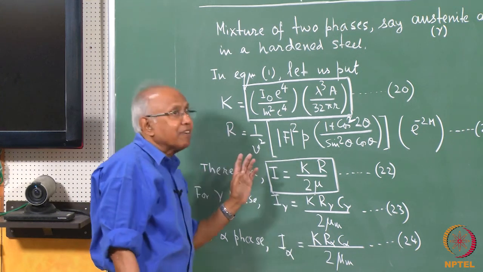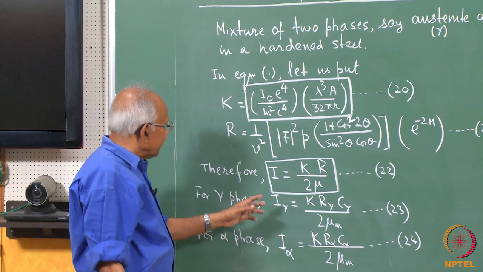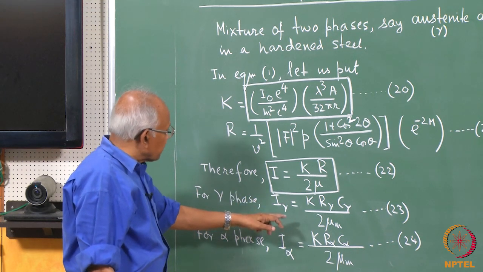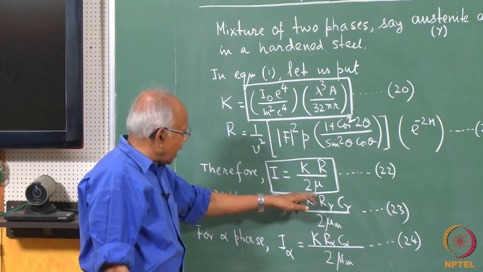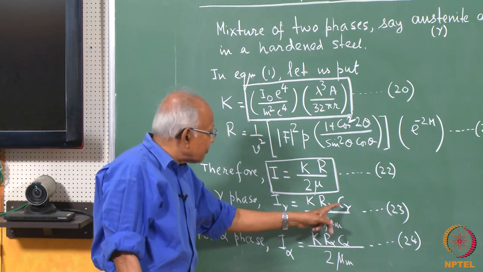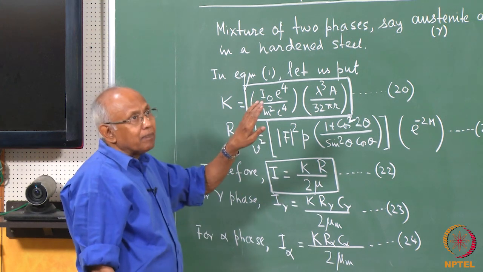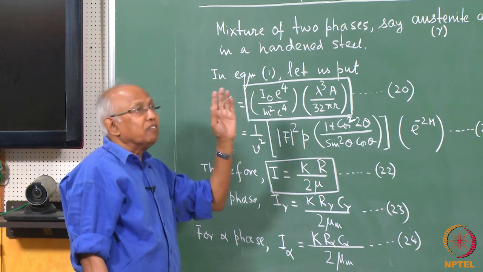But when we have a phase mixture, say when we talk about the gamma phase, then for the intensity of a line in the gamma phase, I have to put, instead of R, R gamma for that line, multiplied by C gamma, the volume fraction of gamma in the mixture. If the whole thing is gamma, then the intensity of a particular line will be very high.